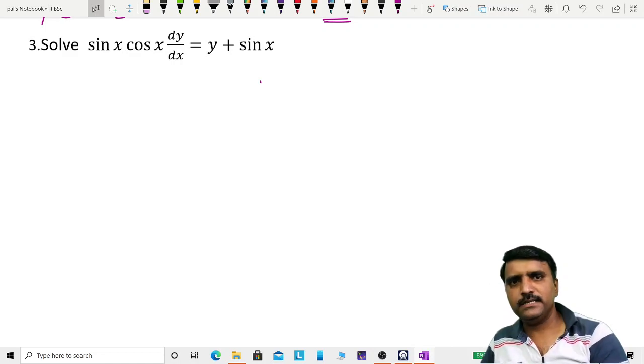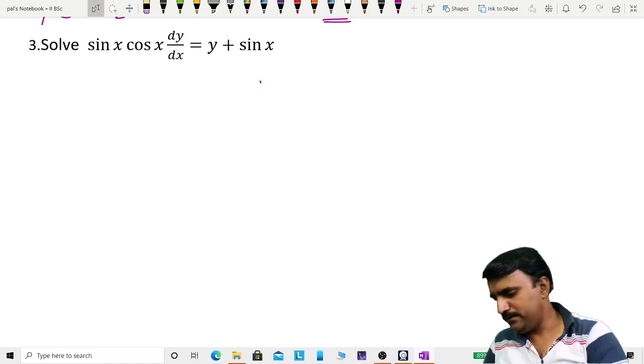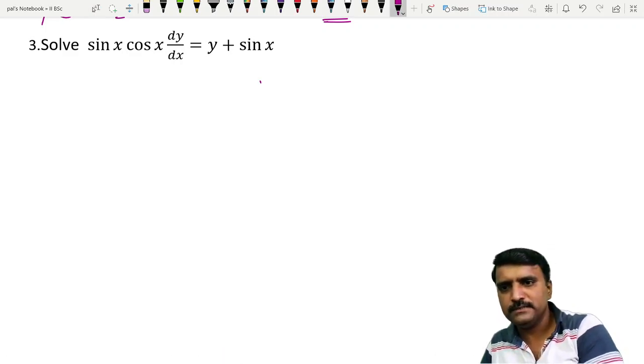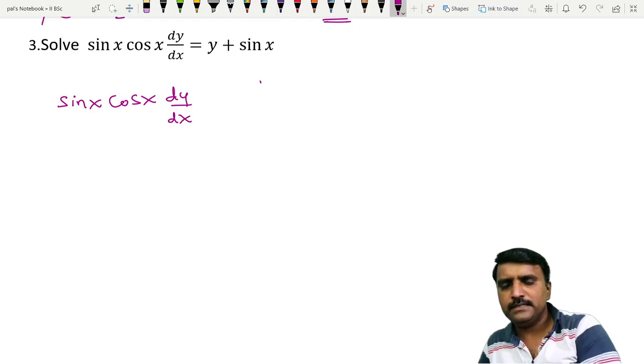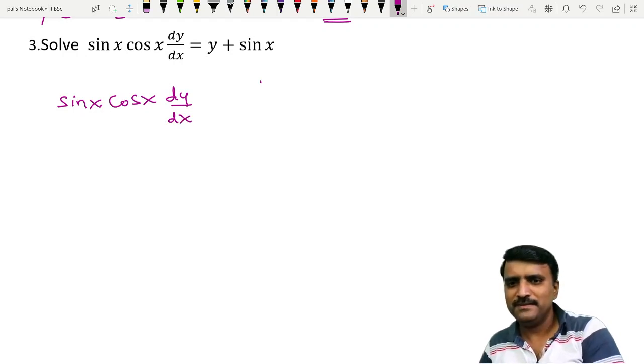First, write the given differential equation in standard form. That is, sin x cos x into dy by dx. Take this y to the left-hand side: minus y is equal to sin x.